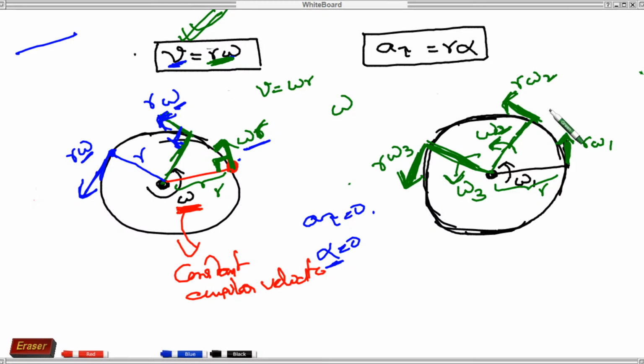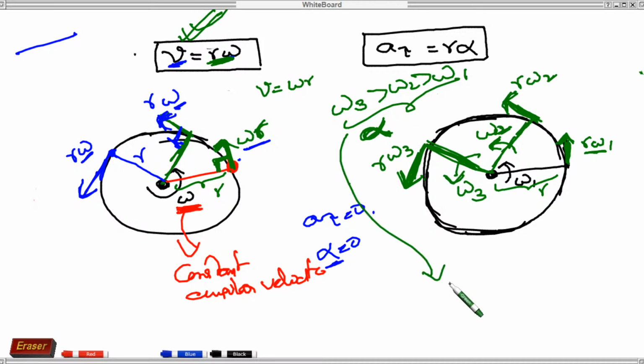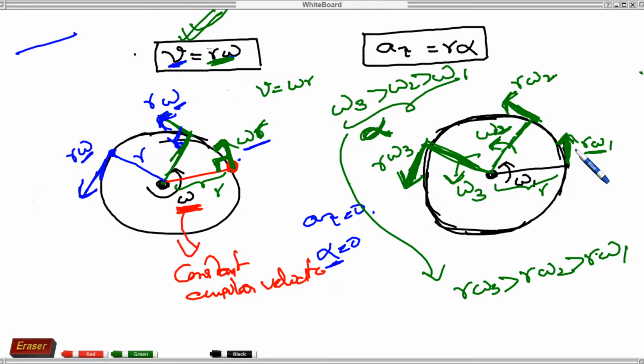Here omega 3 is greater than omega 2, which is greater than omega 1, so it is constantly increasing, and some angular acceleration is there. So r omega 3 is also greater than r omega 2, which is greater than r omega 1. So the linear velocity is also increasing, and if it's increasing, there must be some acceleration.